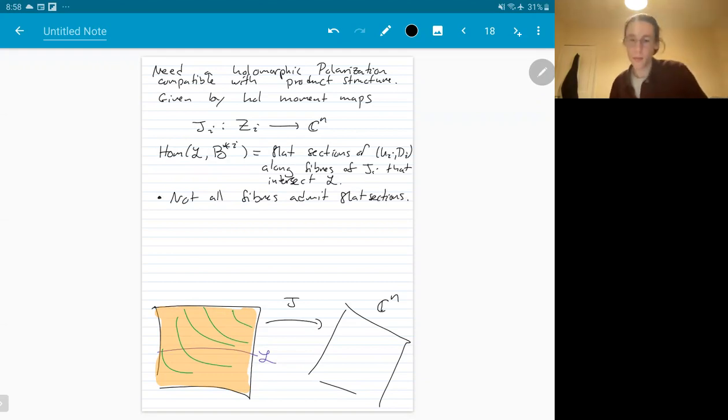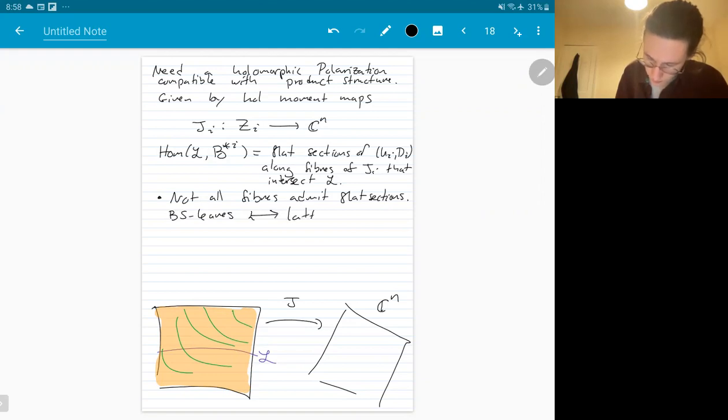So we have a quantization condition: only some of these fibers actually admit flat sections. The problem is that there is monodromy obstructing it in general. The ones that do admit flat sections are the so-called Bohr-Sommerfeld leaves, and these are in one-to-one correspondence with the lattice points.